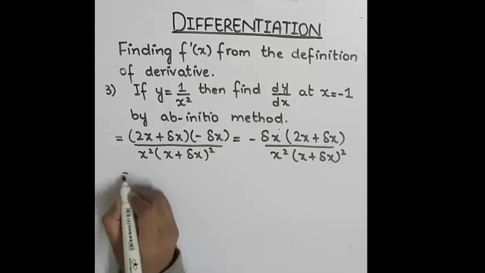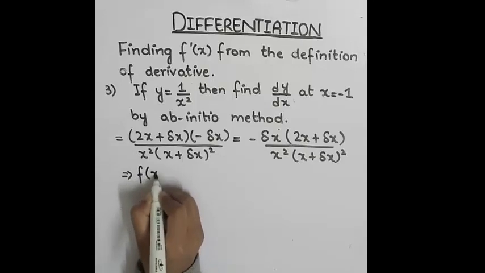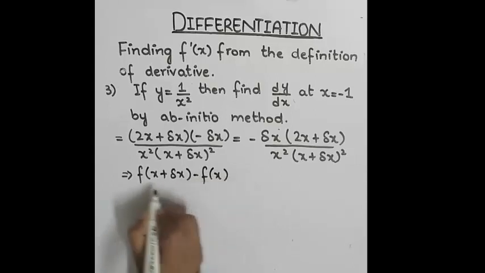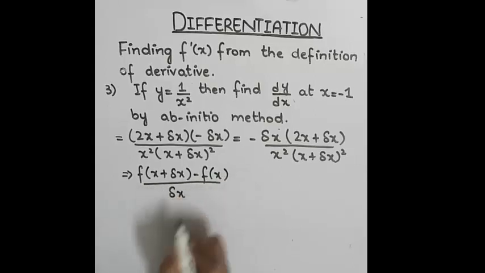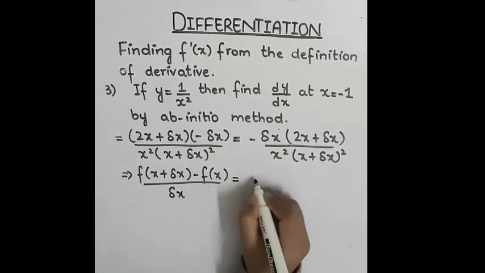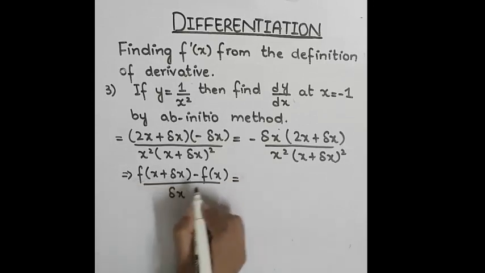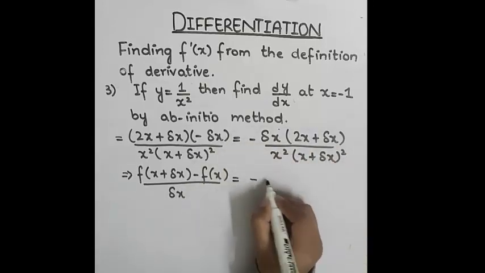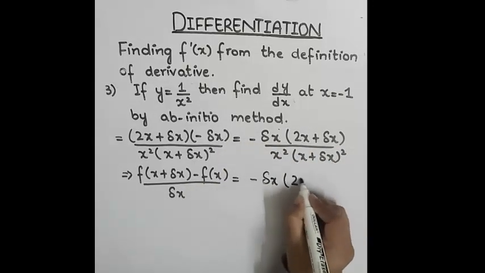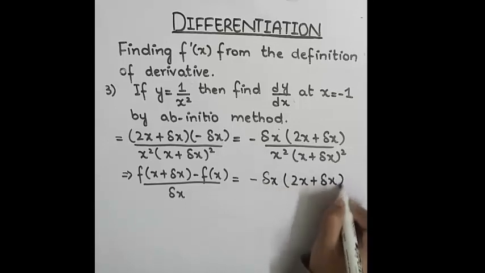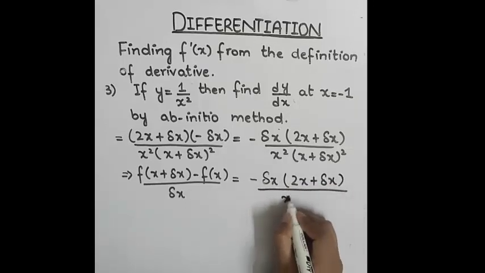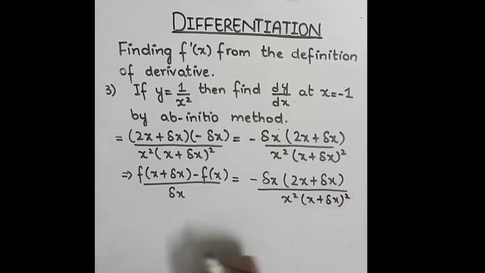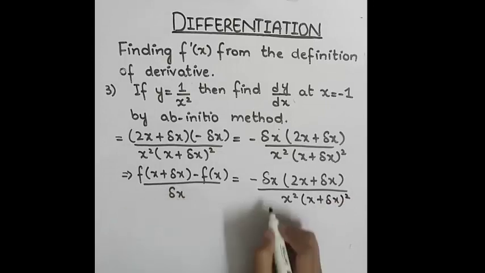Third step is find f of x plus delta x minus f of x divided by delta x. So f of x plus delta x minus f of x is equal to this term, minus delta x (2x plus delta x) over x square (x plus delta x) whole square, divided by delta x.